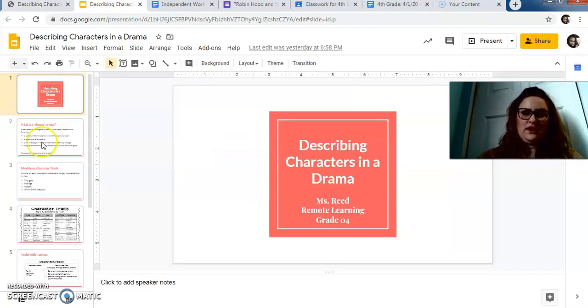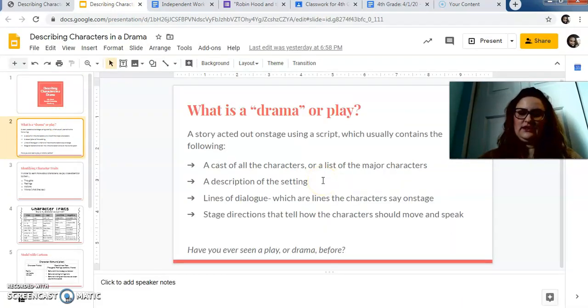But before we begin looking at the cartoon, I just want to review quickly what a drama or a play is, because I don't know how many of these you have read before, but chances are you already know some things about it anyway.